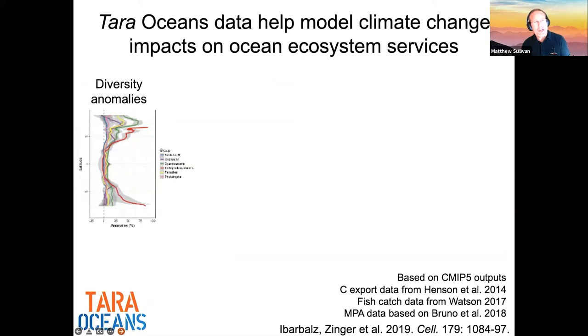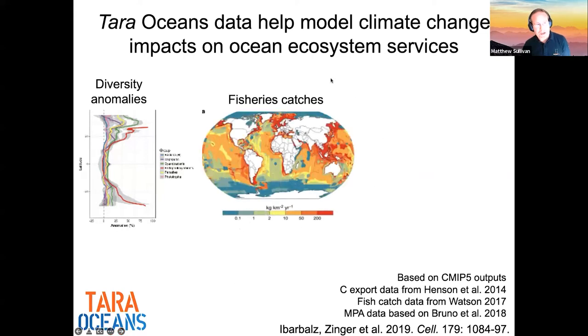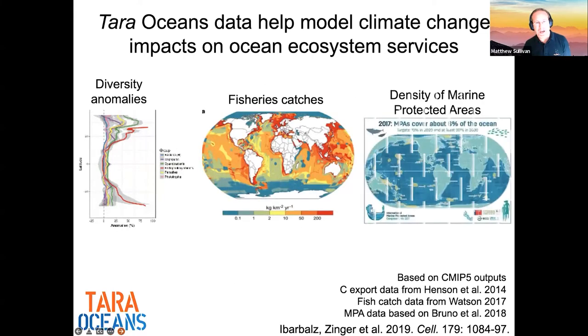So with catalogs and these maps throughout the oceans, we're now trying to use these data to improve modeling of climate change impacts on ocean ecosystem services by looking at diversity anomalies through time, adjusting how we might think about fisheries catches, looking at marine protected areas.